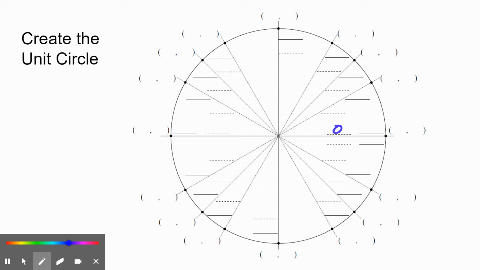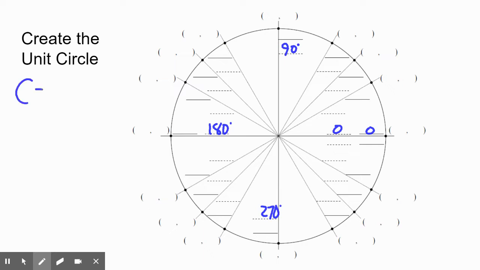So that's 0, 90 degrees, 180 degrees, 270 degrees. And the circumference is 2 pi times the radius. So if 2 pi gets you all the way around, that's going to be 360 degrees, right?